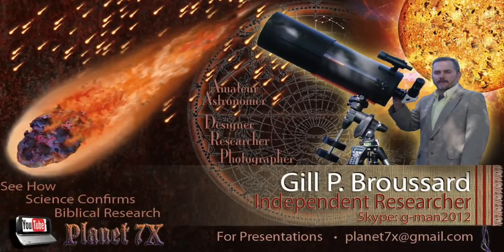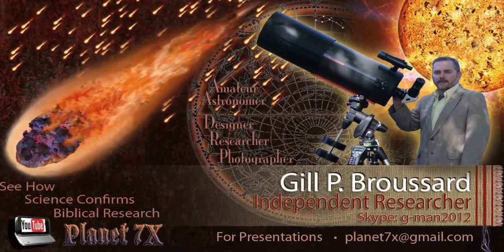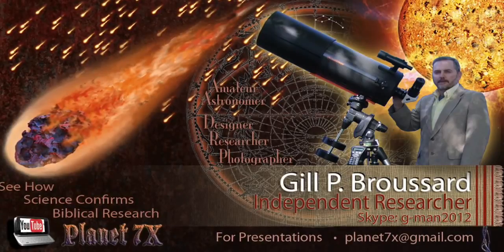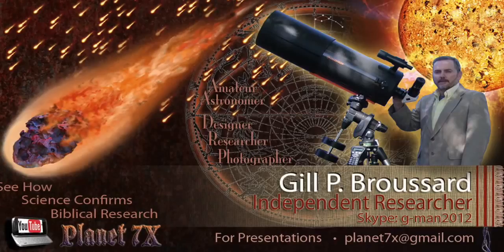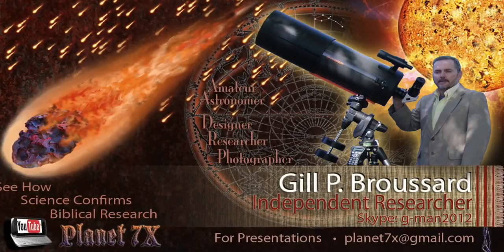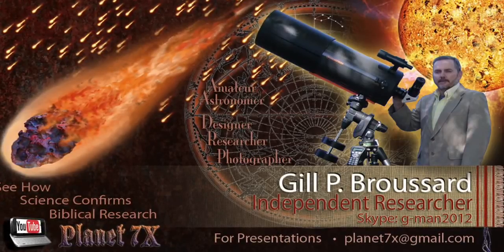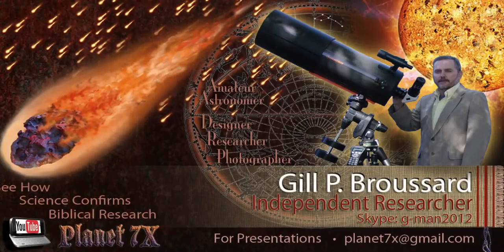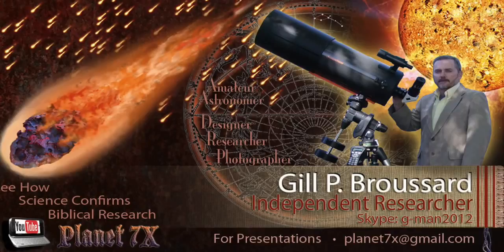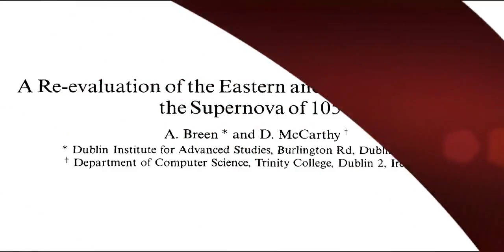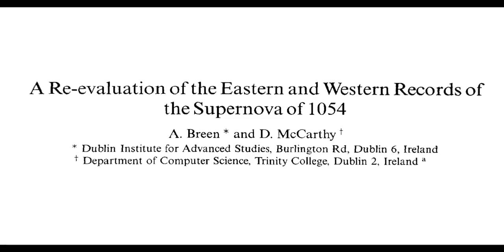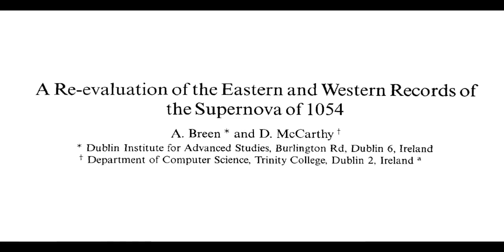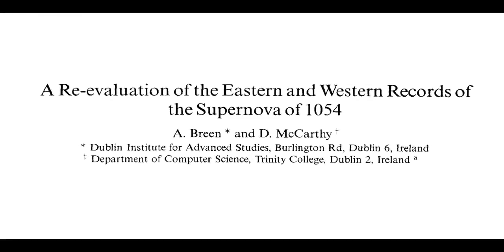So I started to do a search, and I came across my own data in the Chinese records, and that kind of really started it all off. And I actually found a scientific white paper report called the Reevaluation of the Eastern and Western Records of the Supernova of 1054.